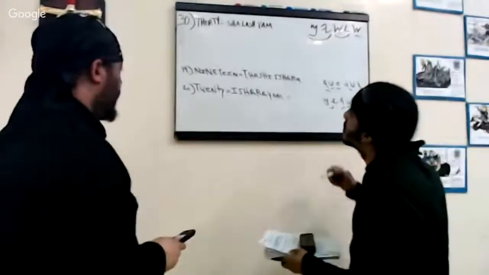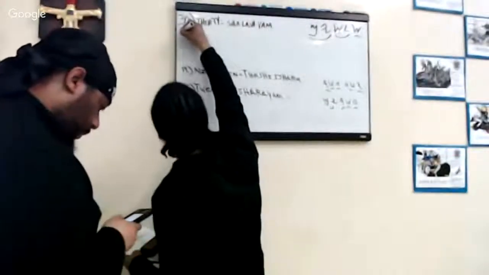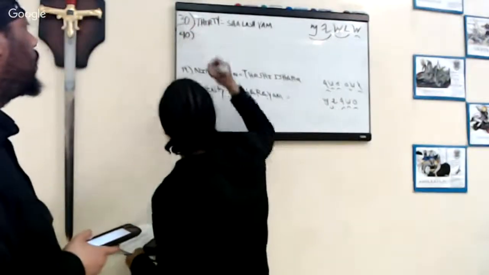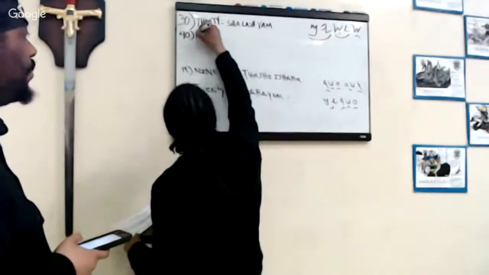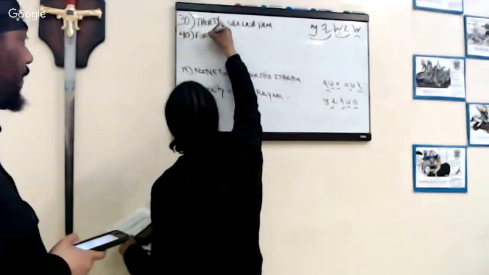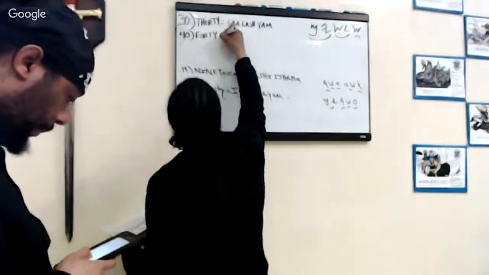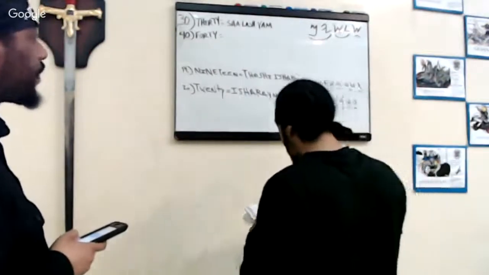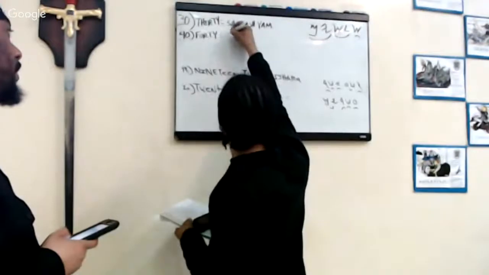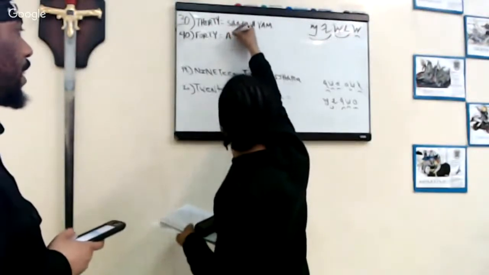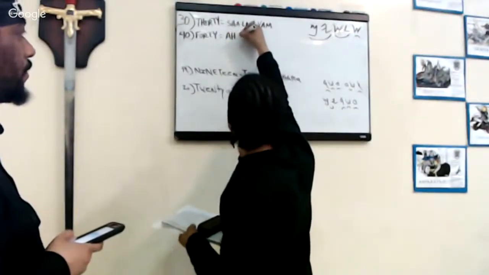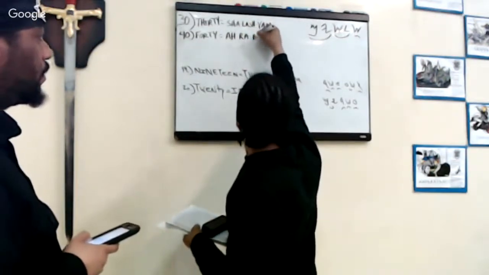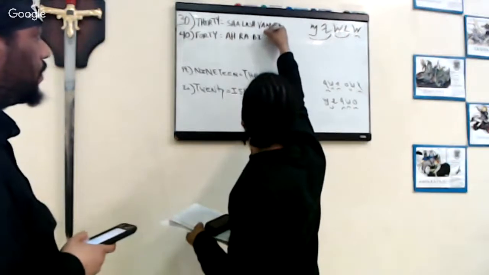Next is 40. And how do you say 4 in Hebrew? Arabai. Yo.